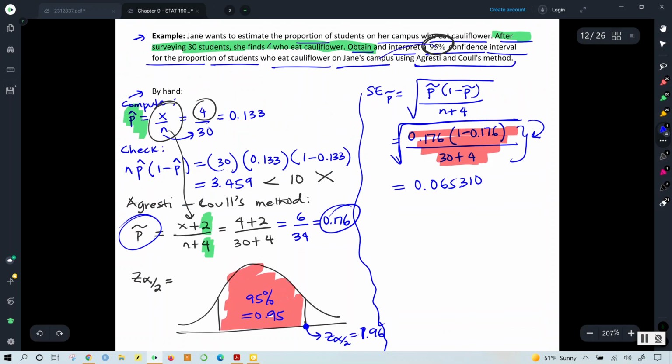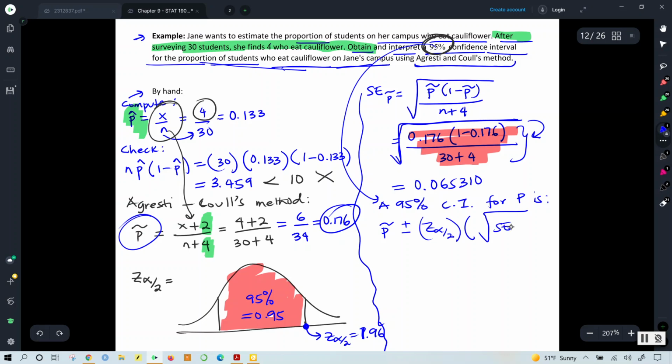So using the Agresti-Coull method, a 95% confidence interval for P, the proportion of students who eat cauliflower on Jane's campus, is given by p tilde plus or minus z of alpha over 2 multiplied by the standard error of p tilde.